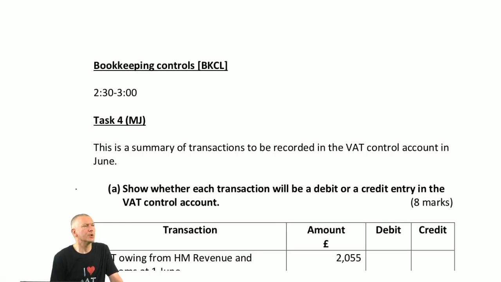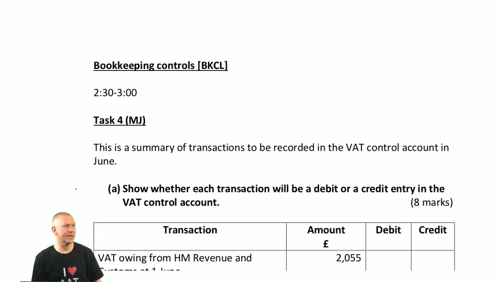This is a summary of the transactions to be recorded in the VAT control account in June. Show whether each transaction will be a debit or credit entry in the VAT control account.